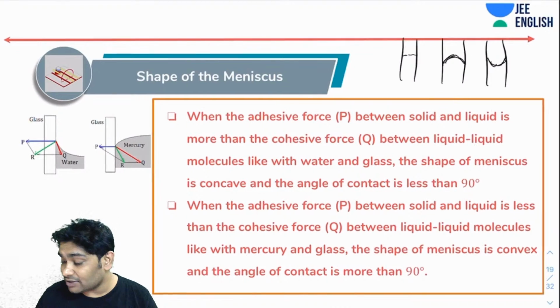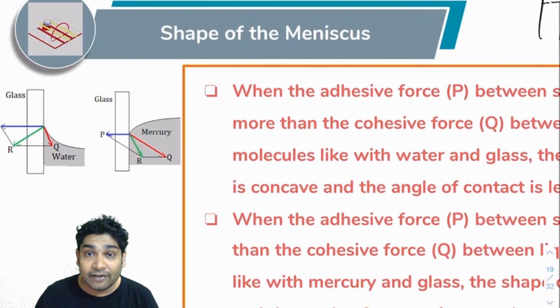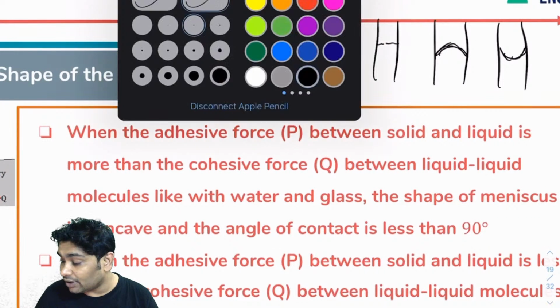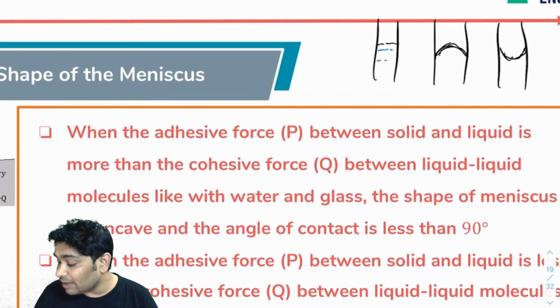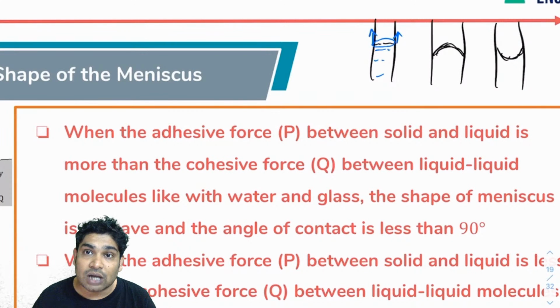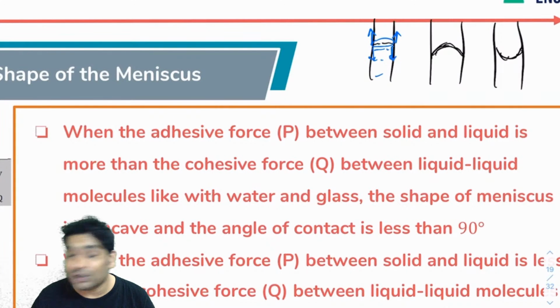So what is happening is, suppose, you can see it here. If your adhesive forces are very, very strong, imagine what is happening. Imagine when you filled it with water like this. On the boundaries, all the molecules on the boundaries are getting attracted due to these solid molecules above them also, and they are getting attracted due to the water molecules below them also.